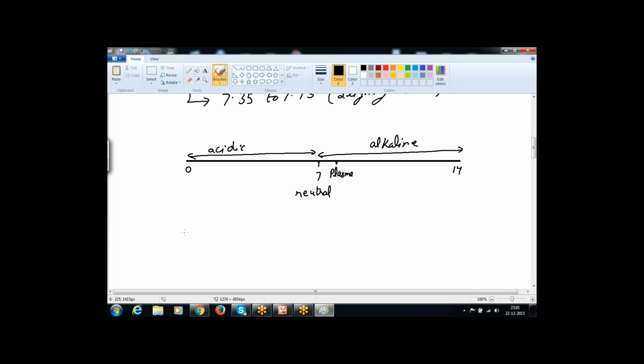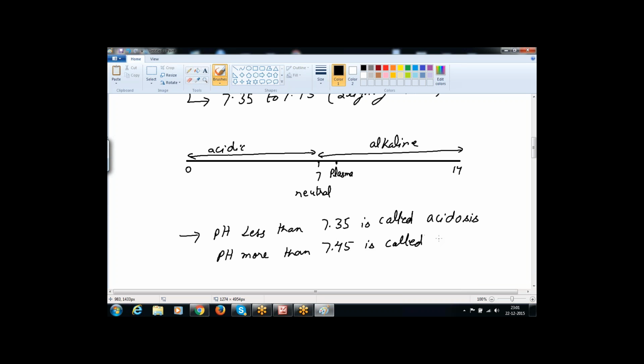Then you have to know another point. pH less than 7.35 is called acidosis, and pH more than 7.45 is called alkalosis.